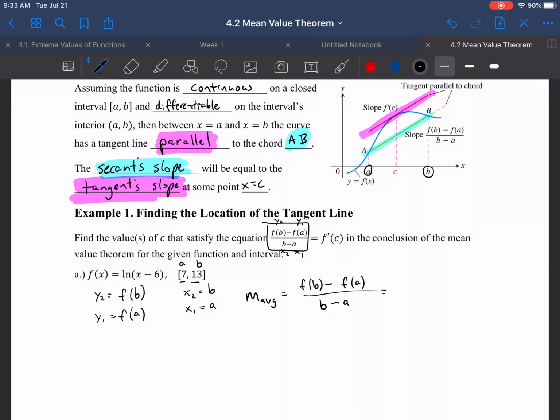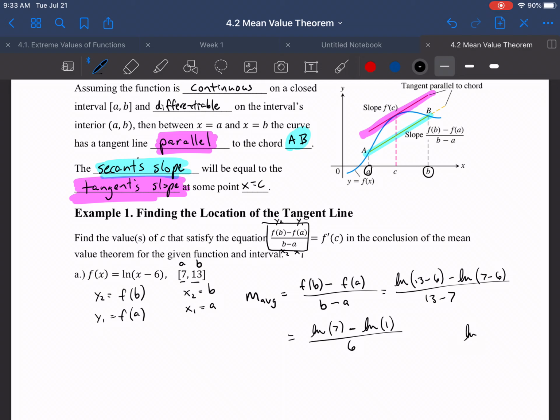And if we go ahead and start plugging in here, we have the natural log of 13 minus 6 minus the natural log of 7 minus 6, all over 13 minus 7. This is going to equal the natural log of 7 minus the natural log of 1 over 13 minus 7, which is 6.